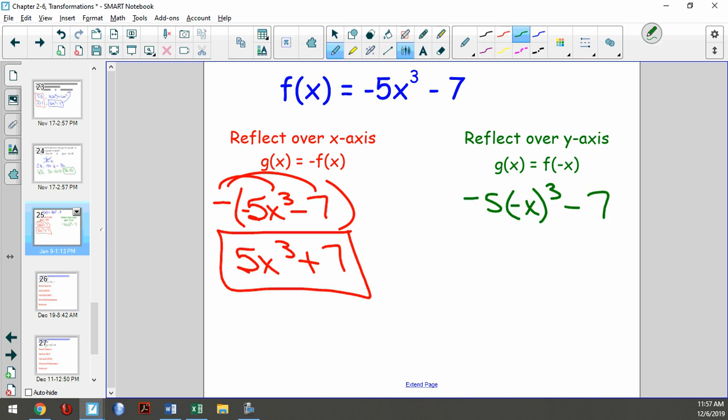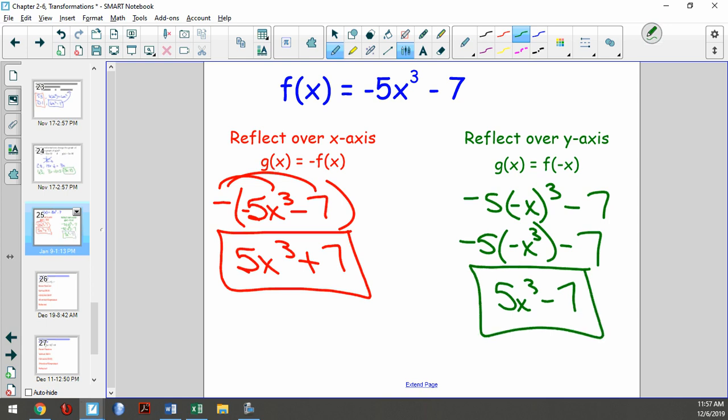So what is a negative x times a negative x times a negative x? A negative x cubed, right? So this is negative 5 times negative x cubed minus 7. What's negative 5 times negative x cubed? 5x cubed minus 7. Do we get that, yes or no?